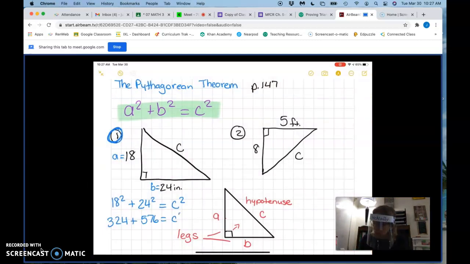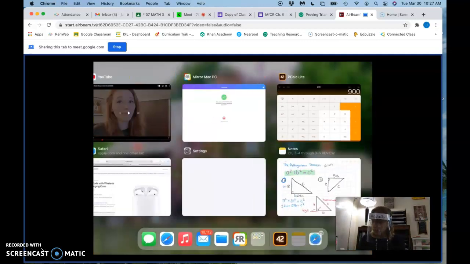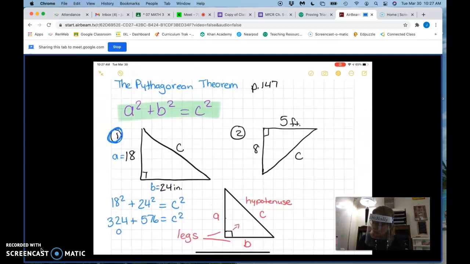And then equals C squared. Now I need to add 324 plus 576. So let's do that. 324 plus 576 equals 900. So 900 equals C squared.